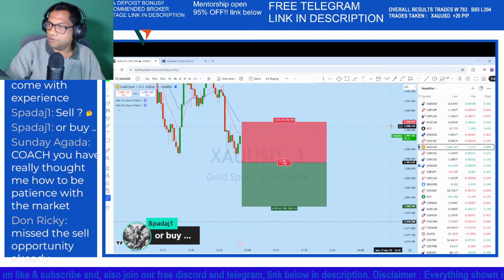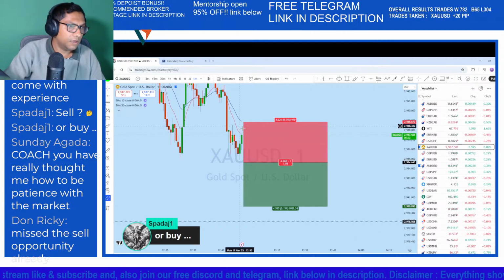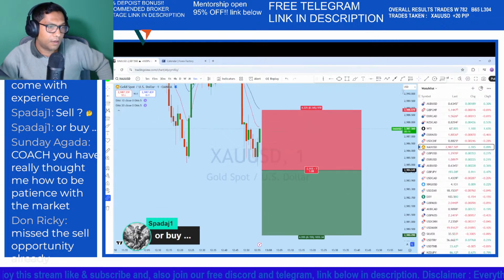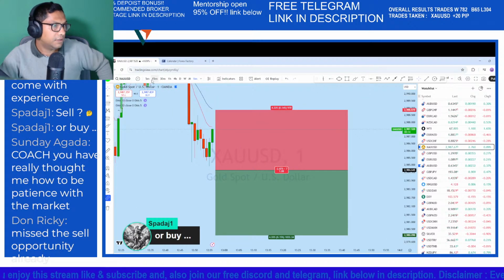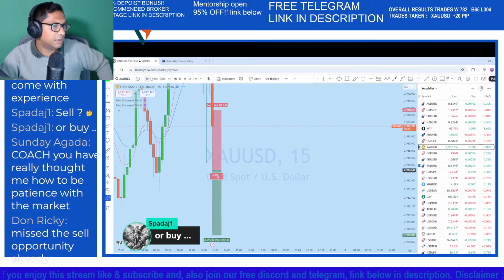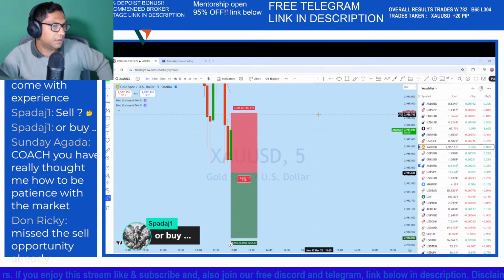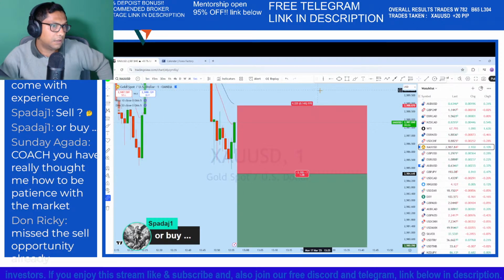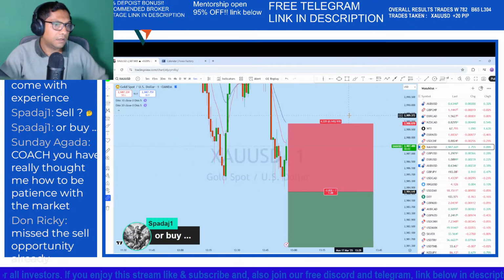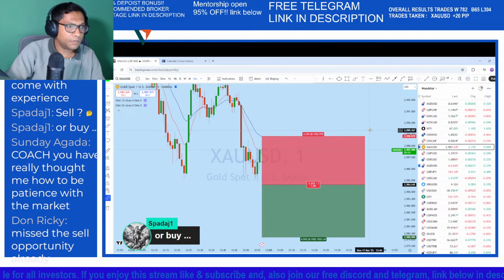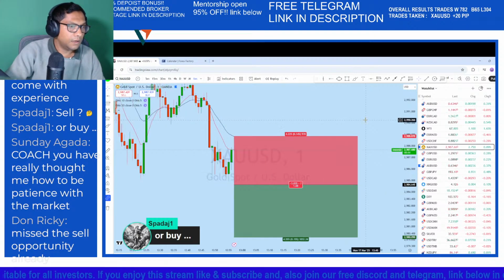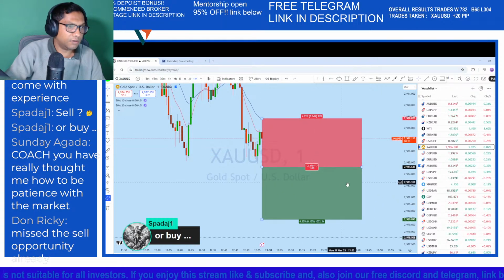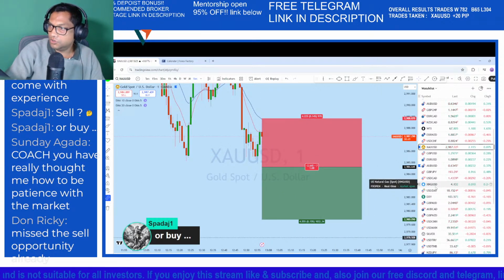Okay, so the trade is still not active, waiting for the market to break below. If it breaks below, then we will be entering that trade. And we can see some pullback. Now if it continues to drop, then we are on the trade.